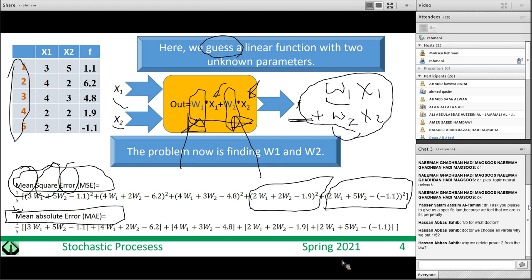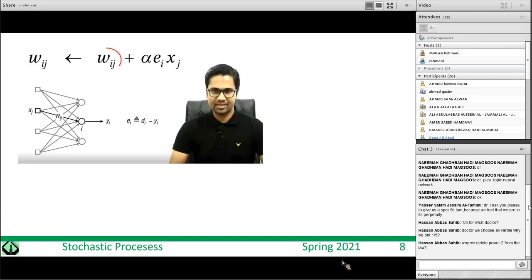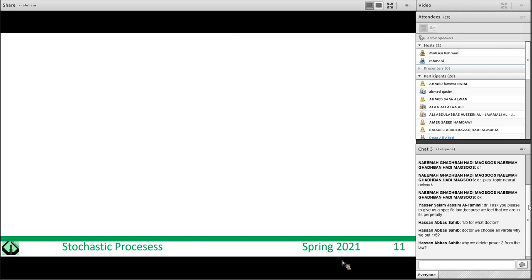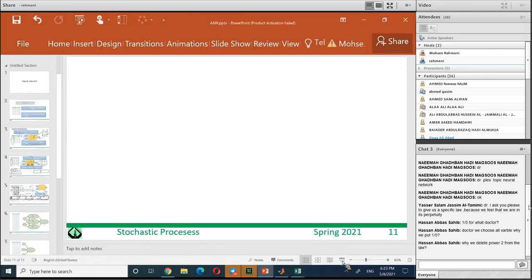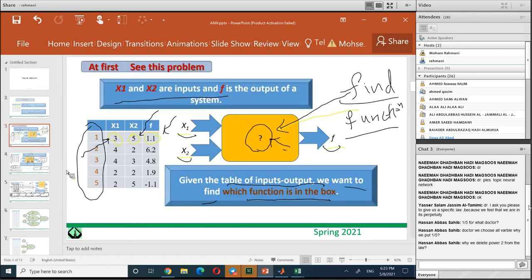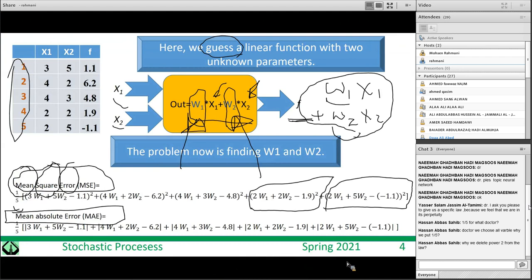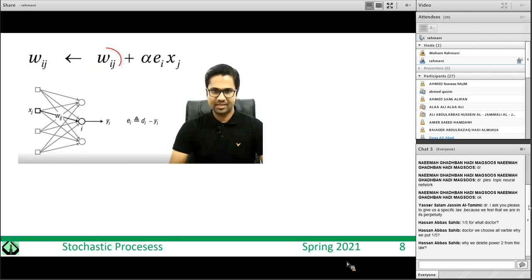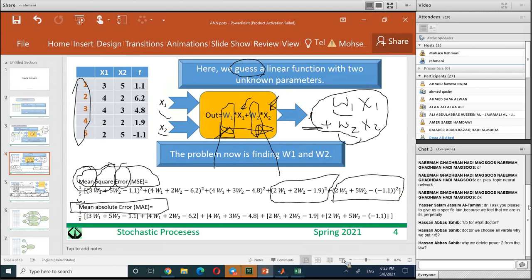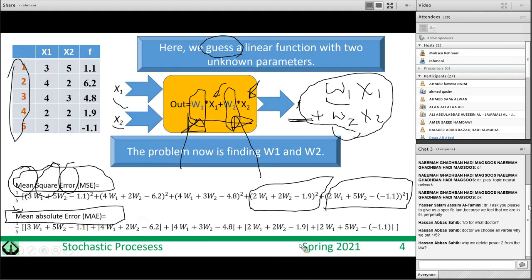When I say output, here I mean, for example, 2 in W1 plus 5 in W2.